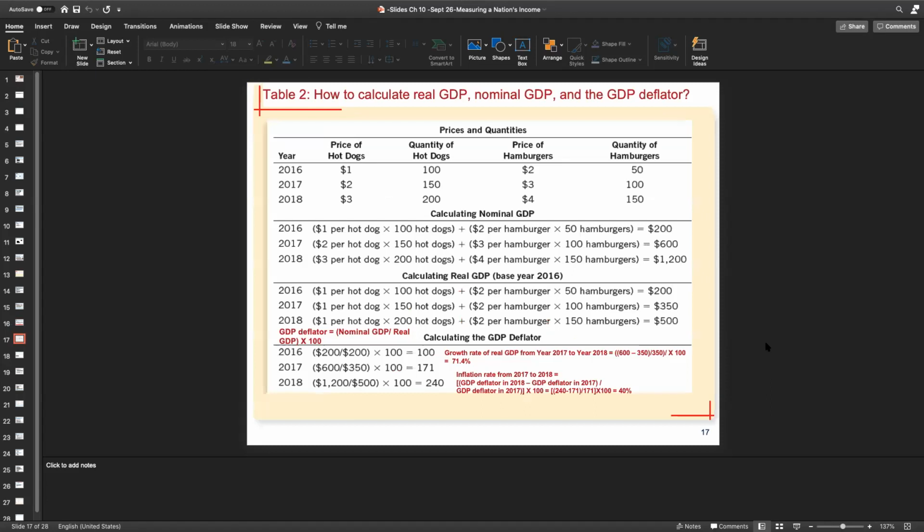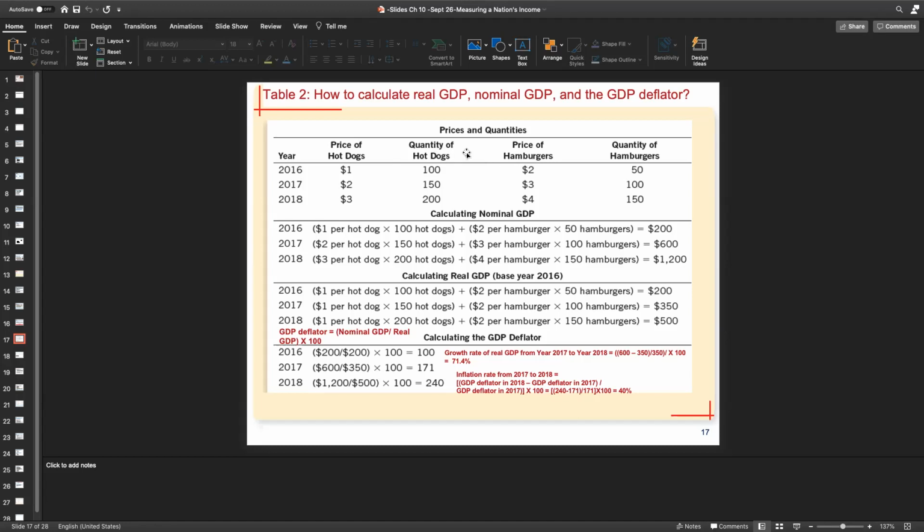And by example, this table can help you to calculate the real GDP, nominal GDP, and the GDP deflator. Suppose that in our simplified economy, we have only two products. We have hot dogs and we have hamburgers.